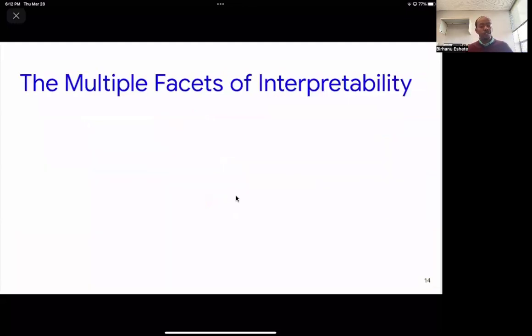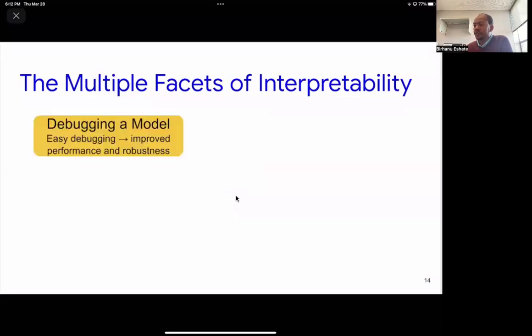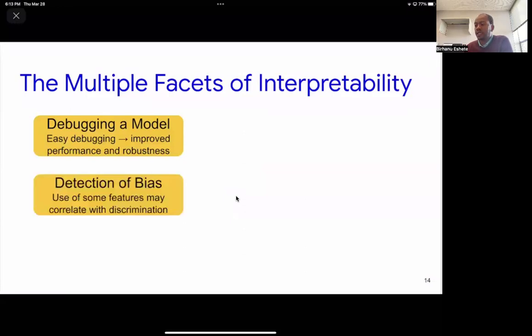Okay, so if I have to summarize what we have discussed so far as to why we need interpretability, as you can see, there are multiple facets of the interpretability of machine learning models. Debugging a model is one important use case, where easy debugging could improve the performance and robustness of the model.